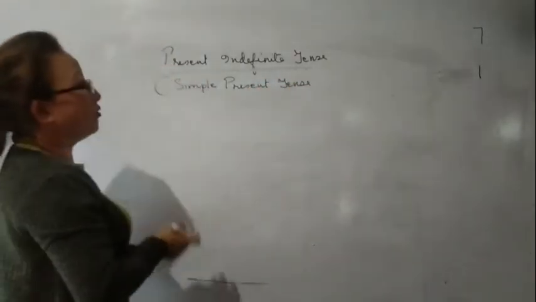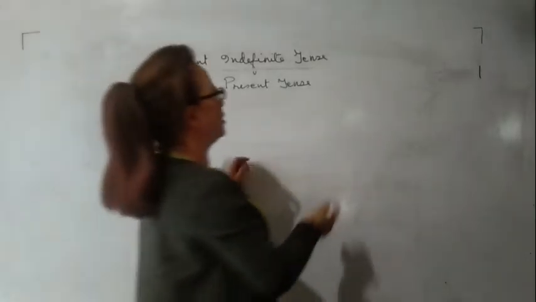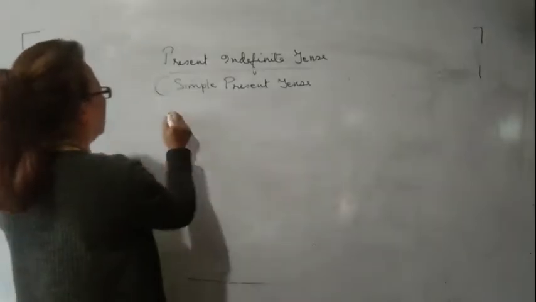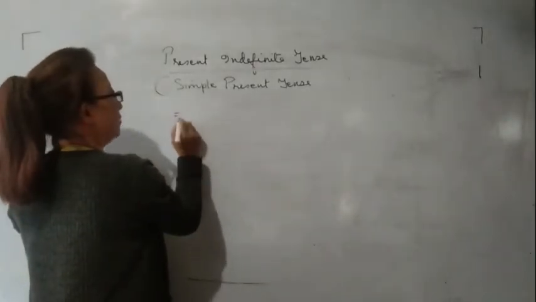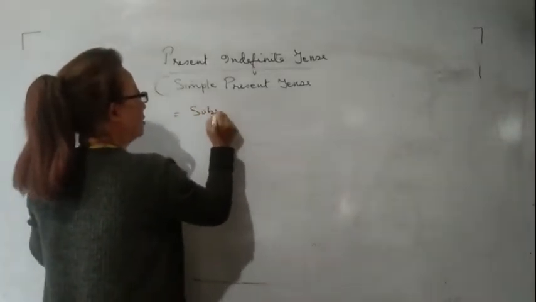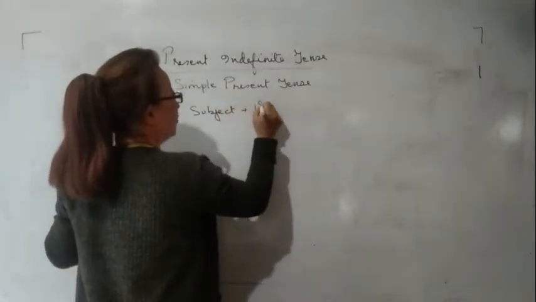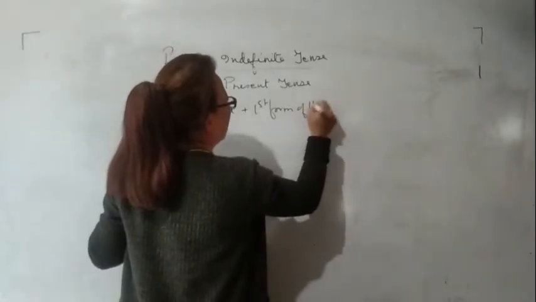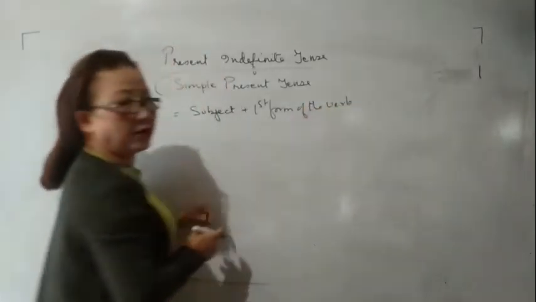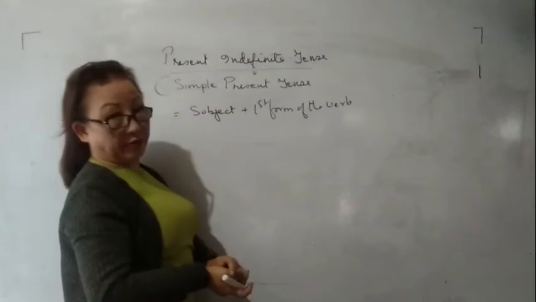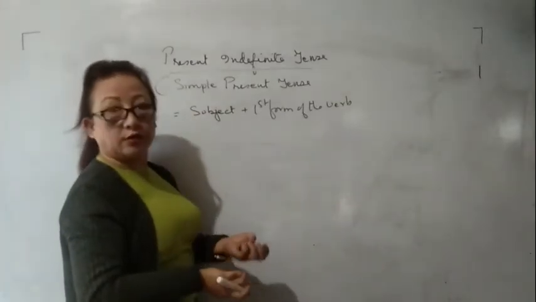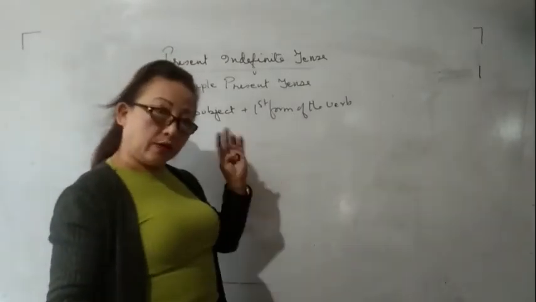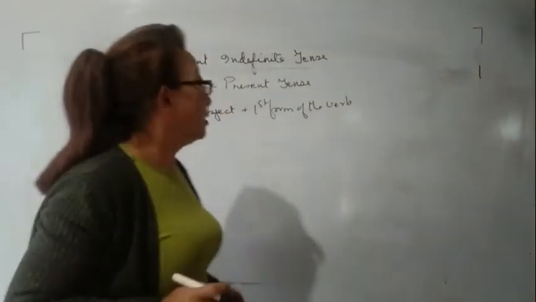Here, what is the formula of the present definite tense? The formula right here is subject plus first form of the verb. When we say first form of the verb, it means the main verb, the base verb, the principal verb, whatever you call it, like go, speak, sing, play, take. These are the first form of the verbs.